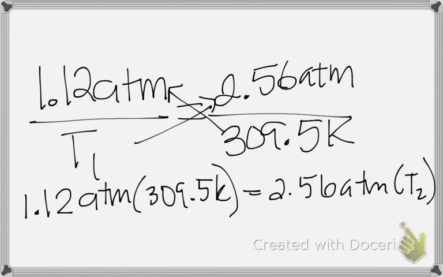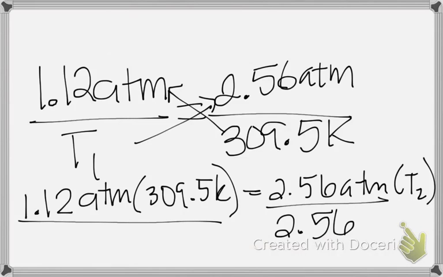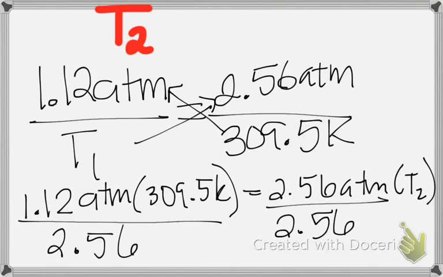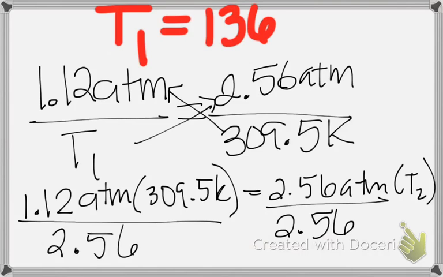Okay, and then how do I isolate my variable? Very good, you just divide both sides by 2.56. And so my T2, put it up here, is going to be equal, or I'm sorry, not T2, woo, see, even I catch myself. T1 is going to be equal to what? Very good. Approximately 136, maybe 135 depending on your calculator.